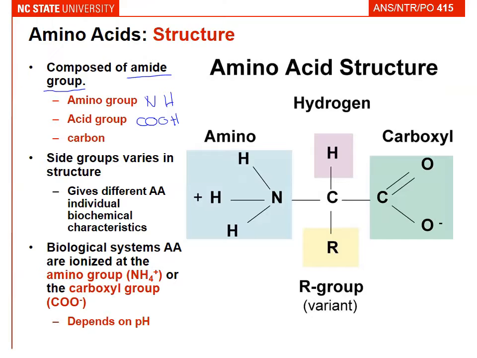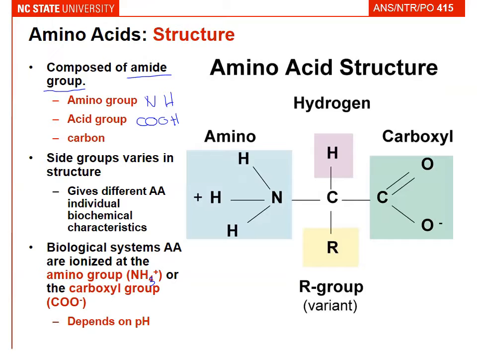We still have the charges between the amino and the carboxyl groups always interacting, and they're always ionized some way. So our amino group may be charged and have a, sorry, this should be a 3 here. I thought I fixed that.